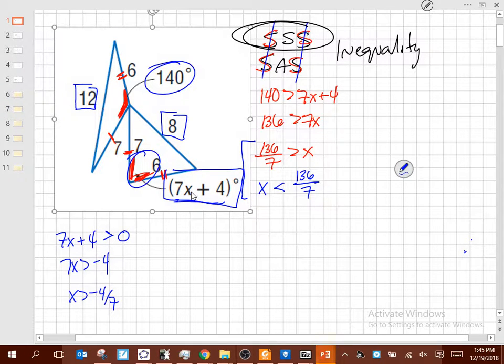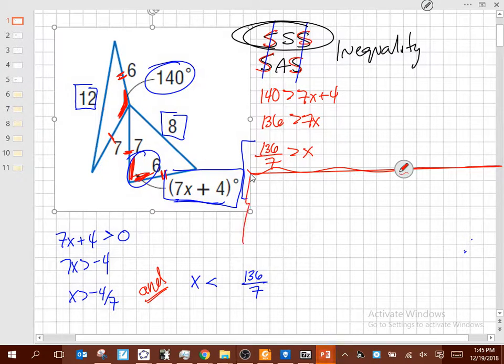Does that make sense? Okay, so we need these two inequalities to be true at the same time. Now, algebraically, these are things that you talked about last year. The word and implies this symbol, which implies the word intersection, which some people like the word overlap.